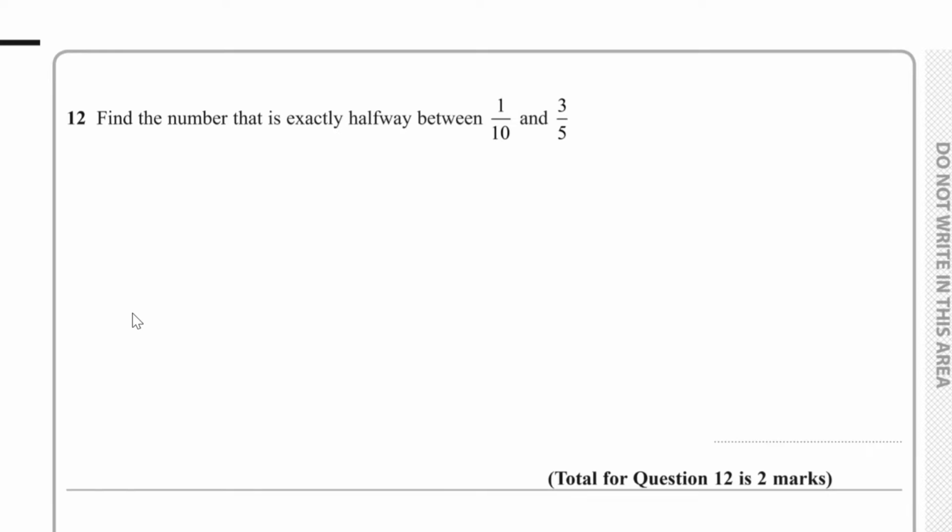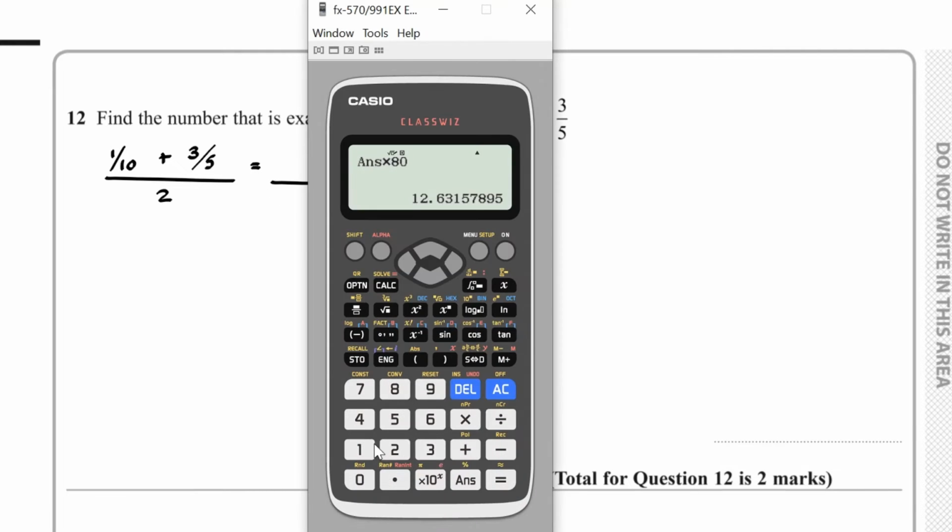Question number 12, we have to find the number that is exactly halfway between 1/10 and 3/5. To do this question, we can essentially find the average of those numbers. So we have 1/10 plus 3/5 divided by 2. 1/10 plus 3/5, that's 7/10.